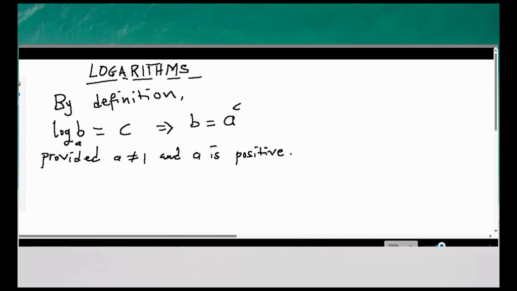The logarithm of any number b to the base a is the index to which the base must be raised to give the number. By definition, given log b base a equal to c, this definition says that b will be equal to the base raised to the exponent, the result of log b base a.